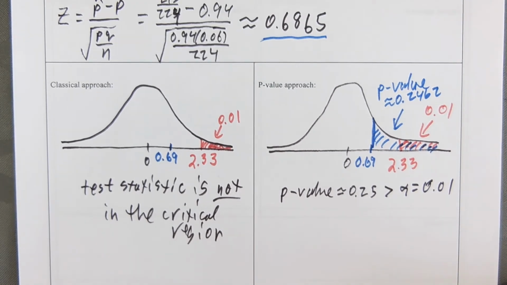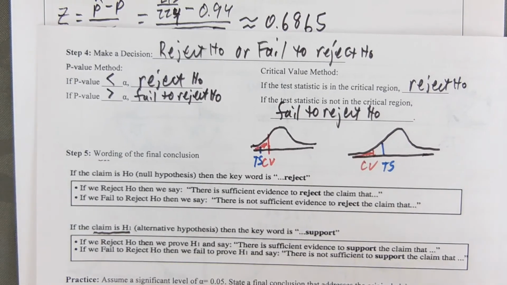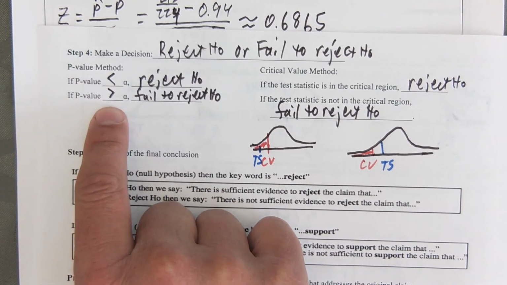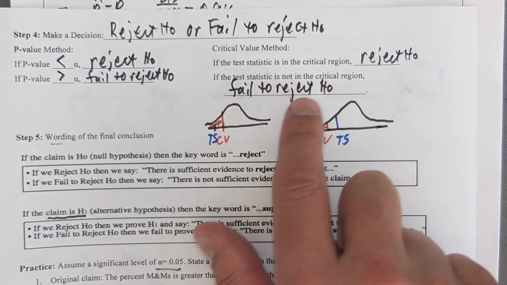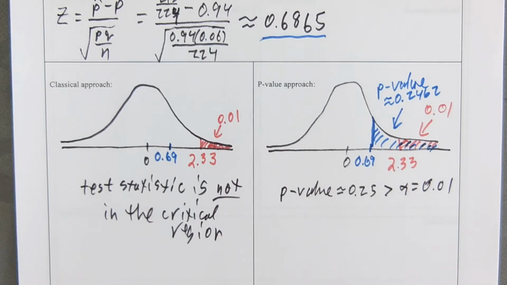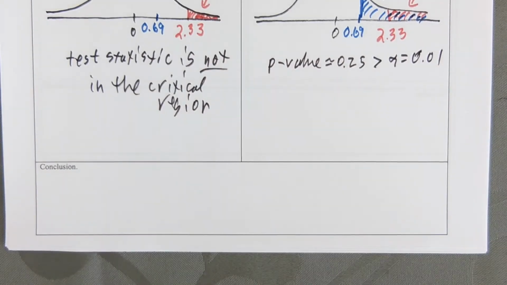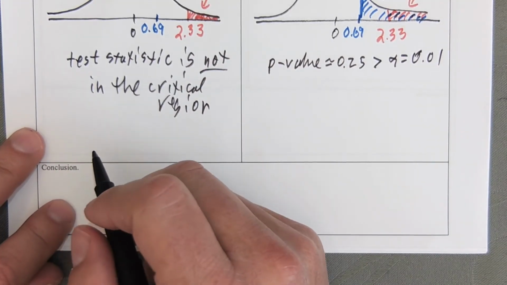You can look back at the previous notes. So if the p-value is bigger than alpha, then we're going to fail to reject. Or if we do the other one, if it's not in the critical region, we fail to reject. So both will give us the exact same conclusion each time. So either method, it doesn't matter which one you use. So we're going to fail to reject the null hypothesis.